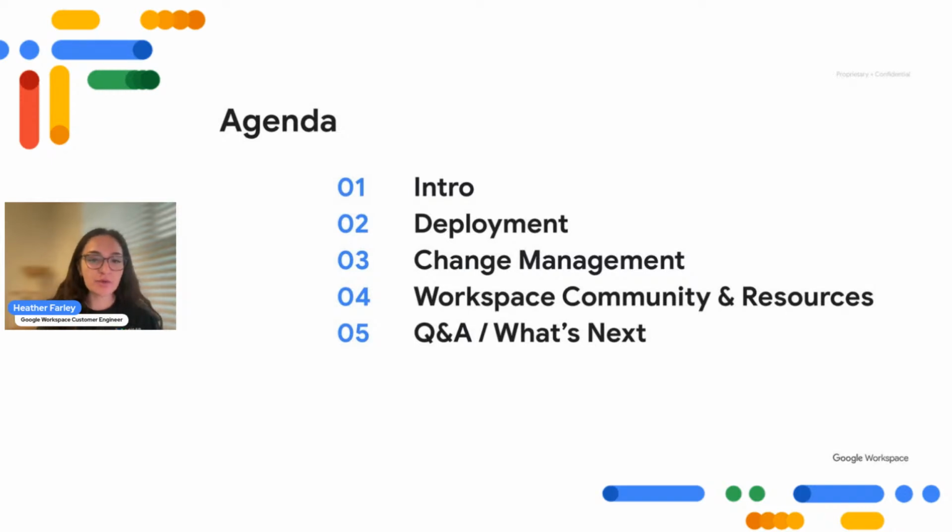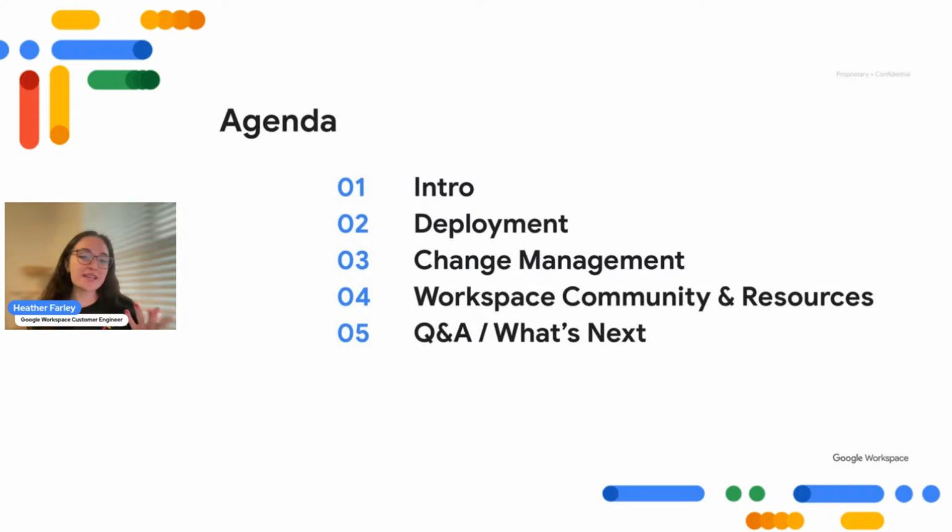Let's get into the agenda. Today we're going to generally be talking about what is Gemini for Google Workspace. To address the elephant in the room, I'm sure some of you have seen that Duet AI is now being called Gemini for Google Workspace. So we're definitely going to get into the nuances of what the differences are between Duet AI and Gemini for Google Workspace. Then I'll take about 30 minutes to go through deployment of Gemini for Google Workspace.